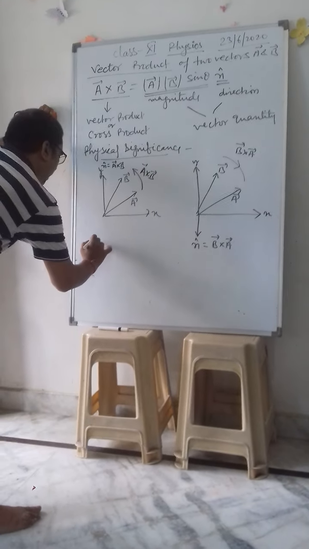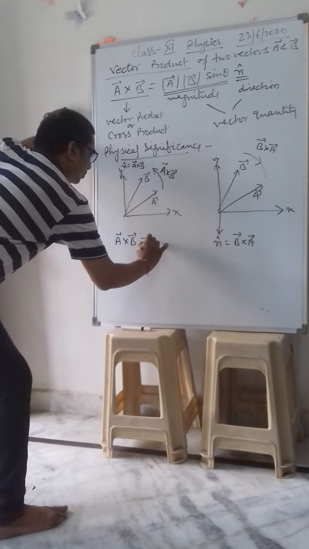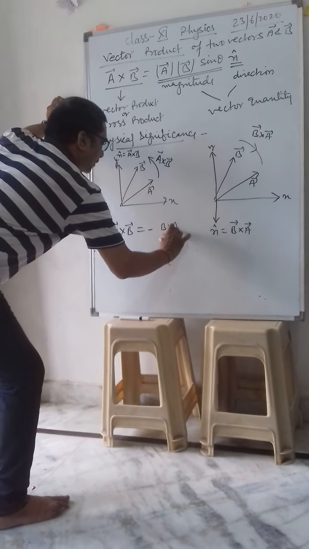So we can write vector A cross B equal to minus B cross A.